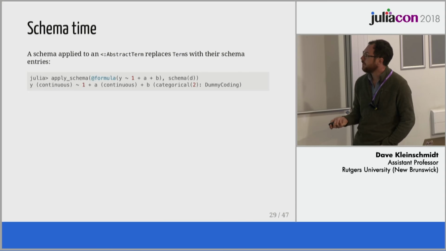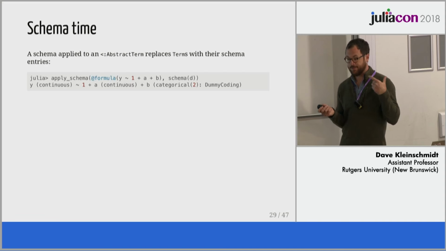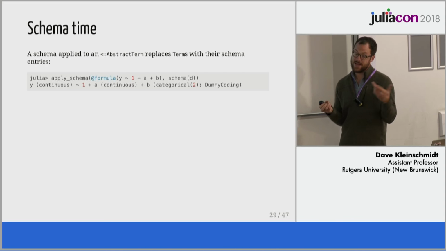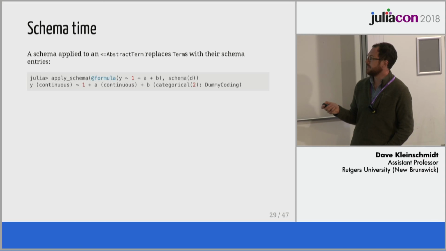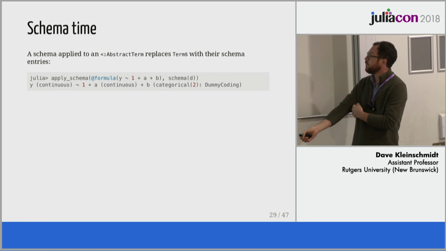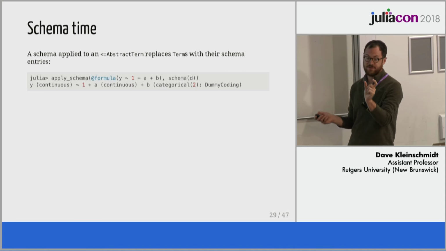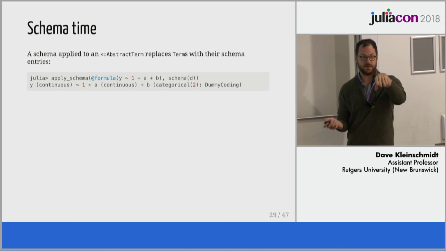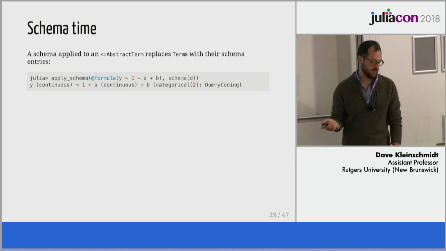Okay. Now, once you have a schema, you can apply it to a formula term or any term or tuple of terms, and it will just go through and create a new copy of that term with the unevaluated terms that it finds at leaf nodes in that term tree replaced with the entries from the schema. Right.